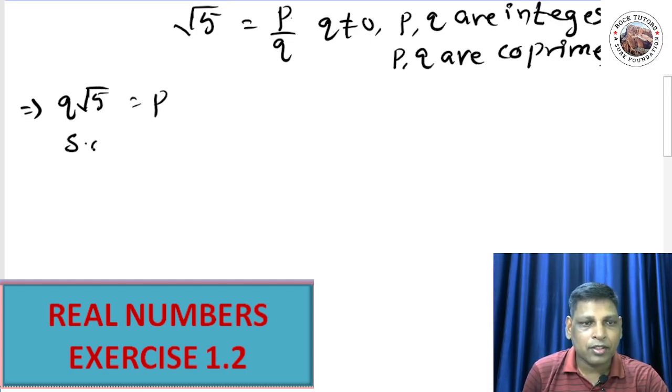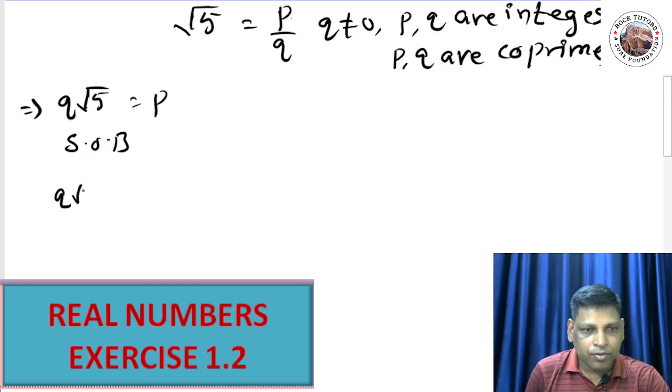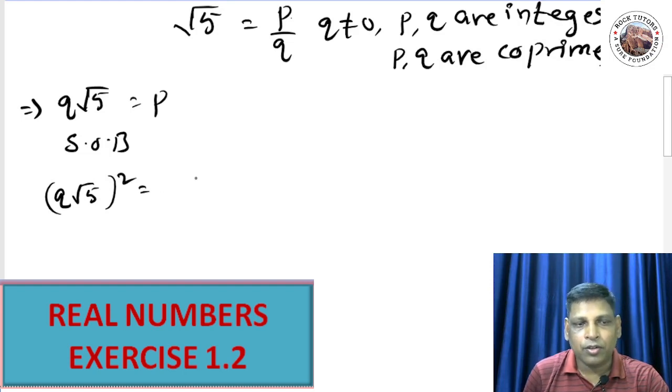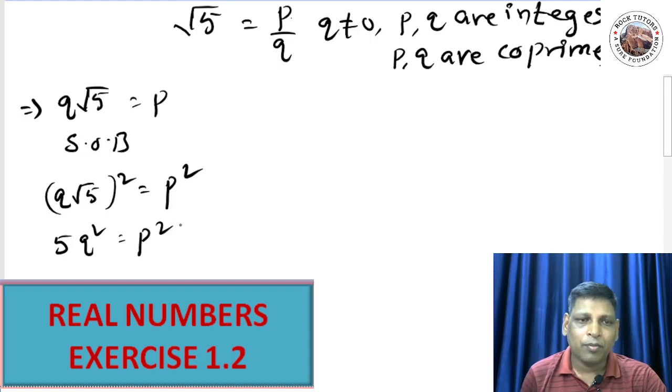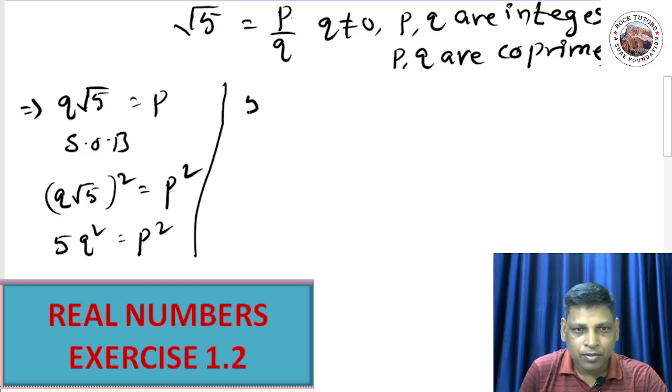Squaring on both sides, q root 5 whole squared is equal to p square. This will be 5 q square is equal to p square. Now by this, what we can say, 5 divides p square.